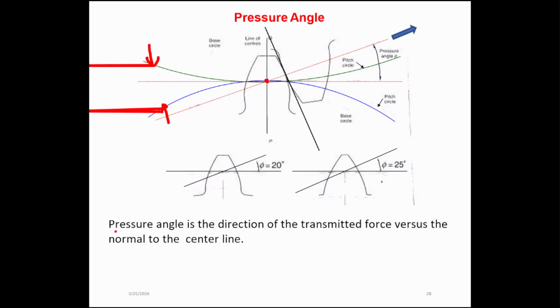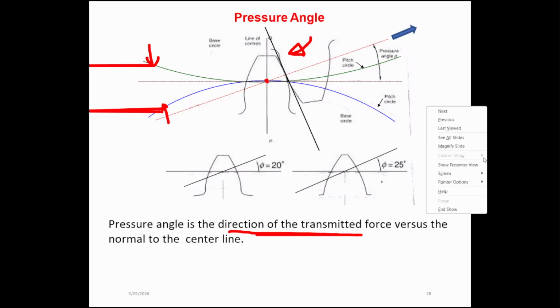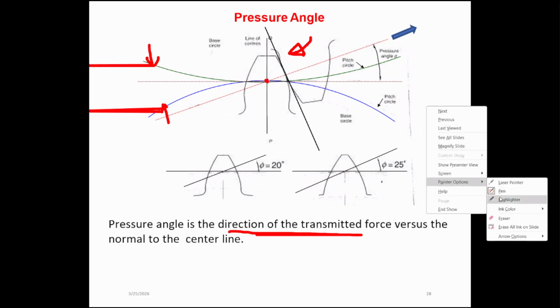So now you need to read this phrase again. Pressure angle is the direction of the transmitted force. What is the direction of the transmitted force? What is the contact point? The contact point is this one, which means once this tooth makes contact by rotating in this way, it will push the green color gear to the downside.